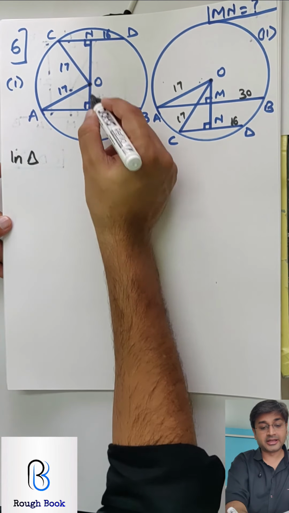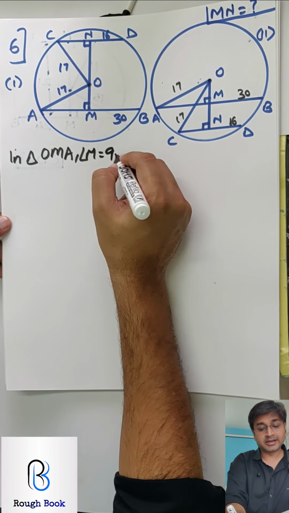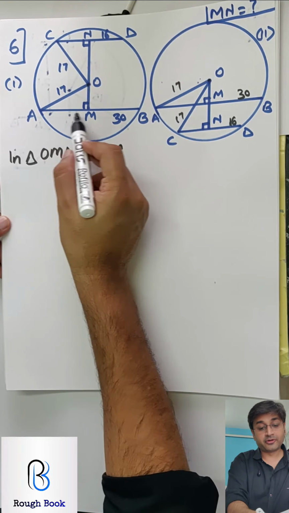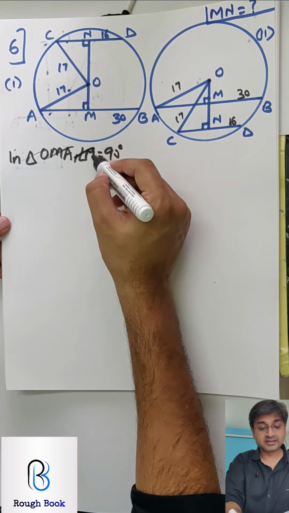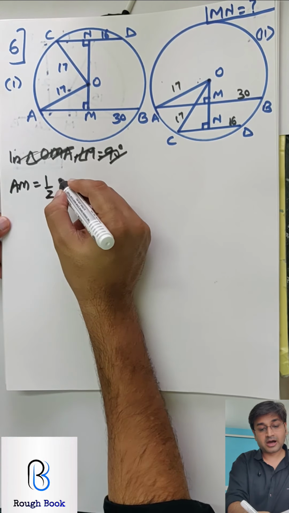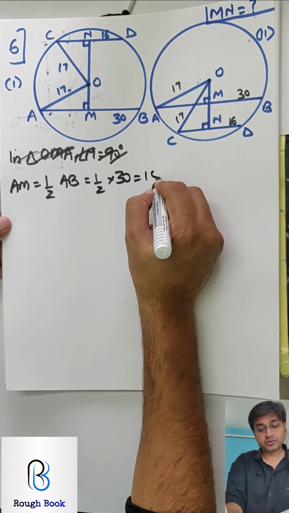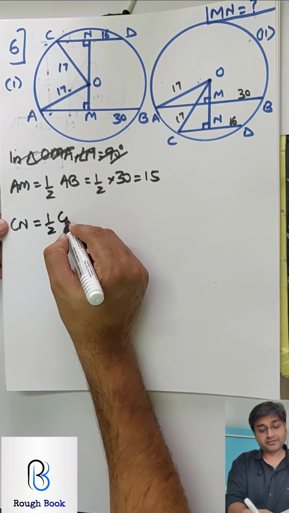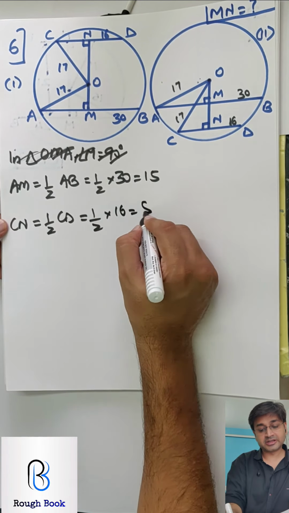So in triangle OMA, angle M 90 degrees, and I will say OM square. Oh, before that I had to say that AM is 15. I forgot that. Sorry. So let's cancel this and we'll have to first mention that. So AM half of AB, that is half of 30, which is 15, and CN half of CD, so half of 16, 8.